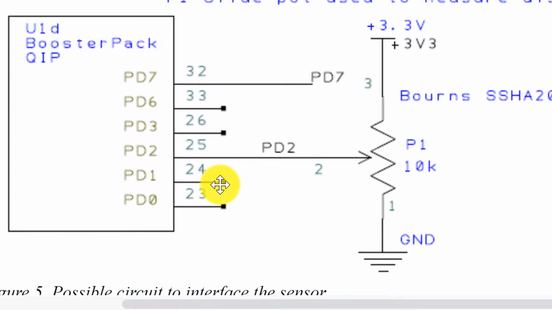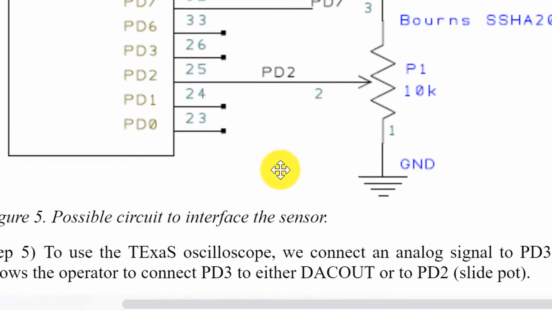This is the circuit for Lab 8. Basically, the slide pot has 3 pins. One goes to 3.3, one goes to ground, and the analog input to our system goes here on PD2.